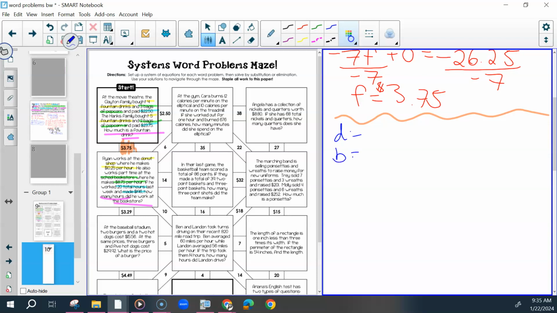What about the donut shop? How many hours worked at the donut shop? I'm shortening. And then B would represent number of hours worked at the bookstore.